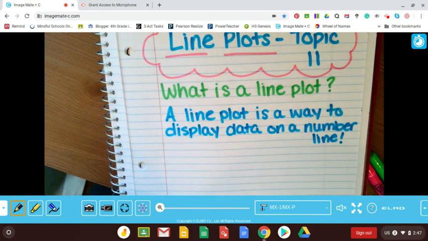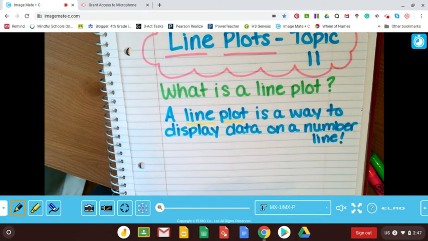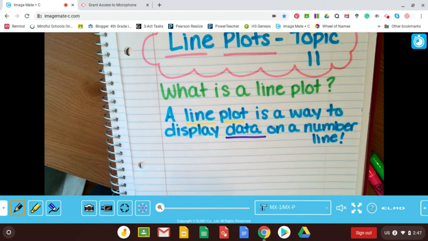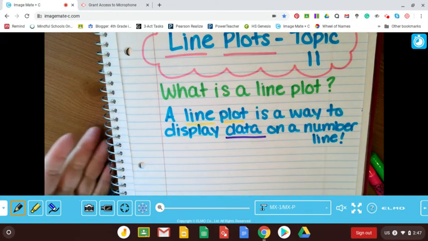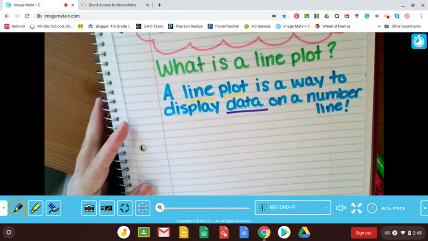All right, I'm going to make this a little fancy here. We're going to underline line plot. And I also want to underline the word data. So data is any information that you gather. The fun part about this topic is that you're going to get to survey lots of people and find out information. On Friday, you're even going to get to create your own line plot. So we're going to really be keeping in mind what data means and the different ways that it can be represented.